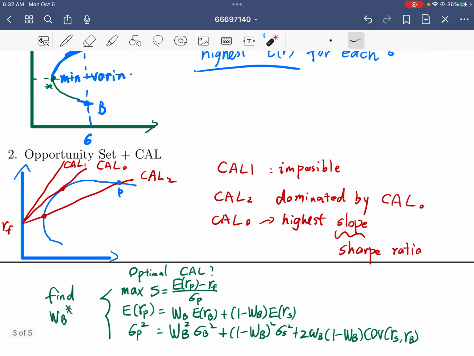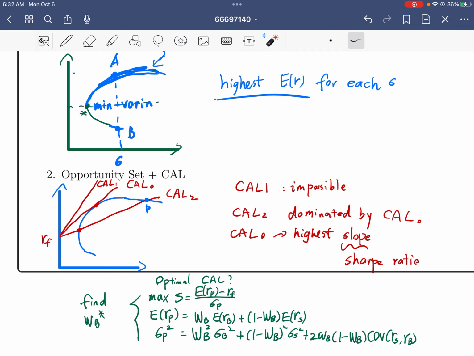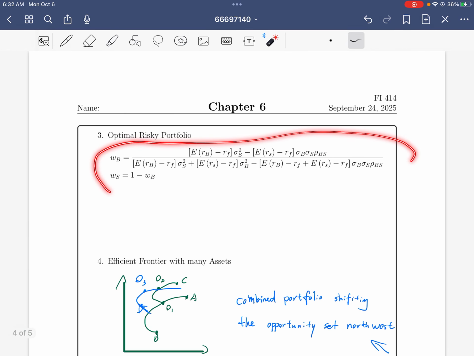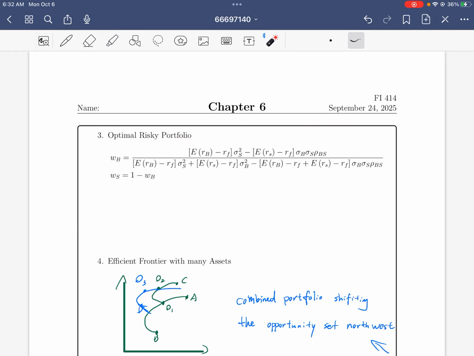Then we can get the weight of the optimal portfolio. How to do that, we don't need to know for our class. It generates a super complicated equation.